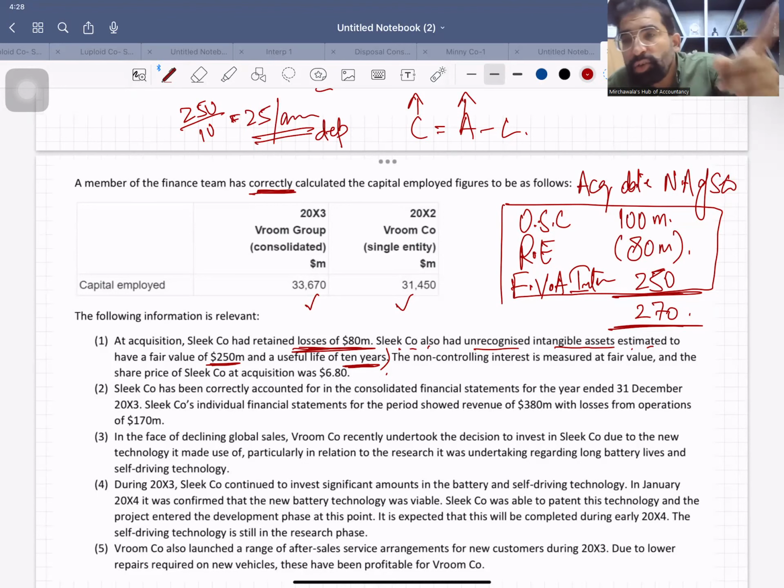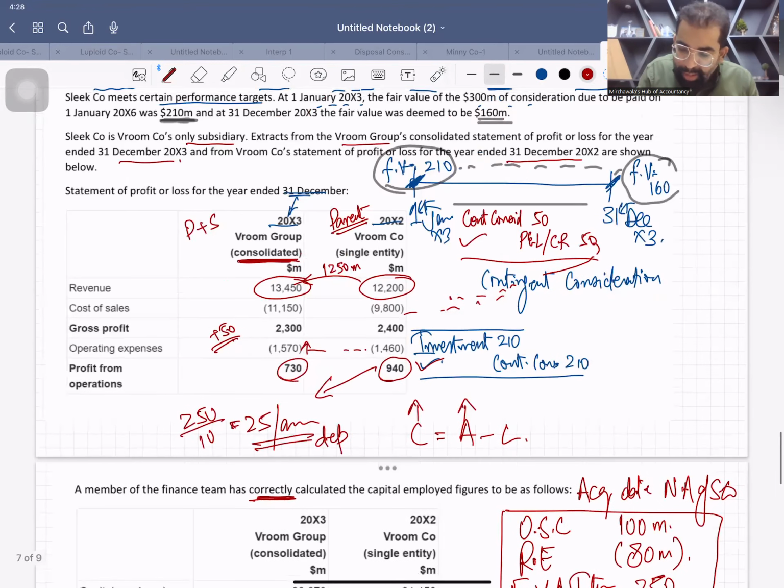That's why consolidated P&L profits are down. If you have seen, let me show you, open your eyes. See, last year it was individual books, this year in the consolidated books your profits are down.